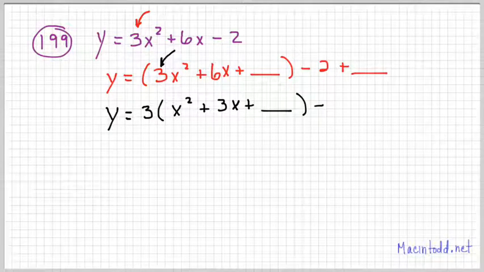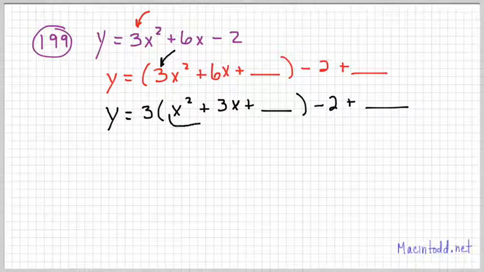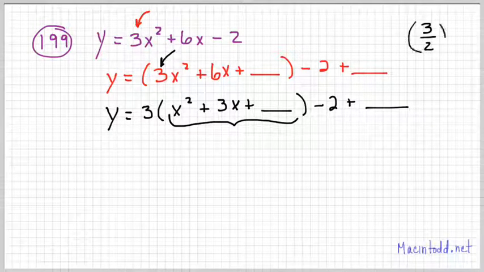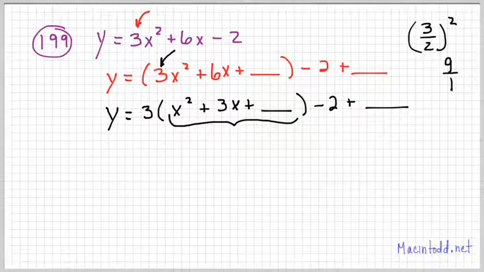Notice I'm leaving my spaces there still. Now I'm ready to complete the square on the stuff inside of the parentheses. So I'm going to take my b value and divide it by 2, and square that. Now 3 is not divisible by 2, so I'm going to leave it as a fraction and square the top and the bottom. I'm going to add 9/4. This is where the math gets really tricky.